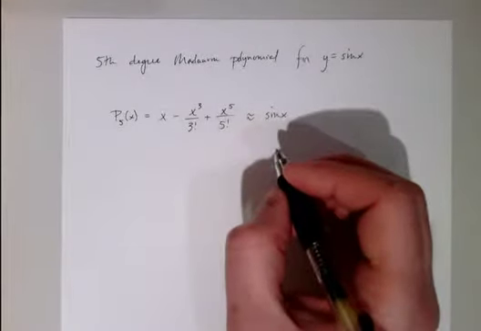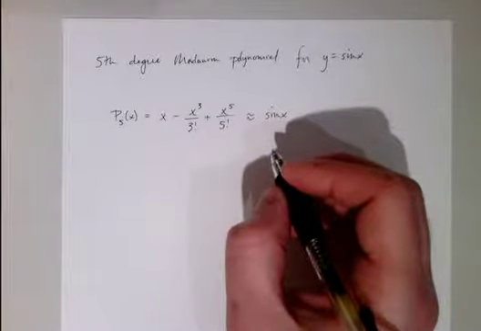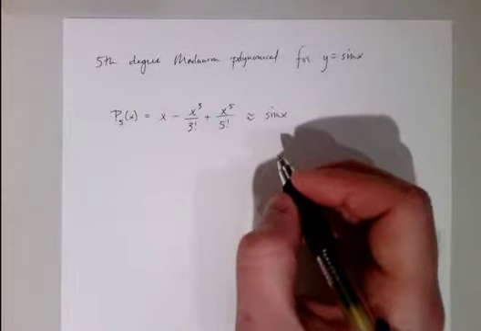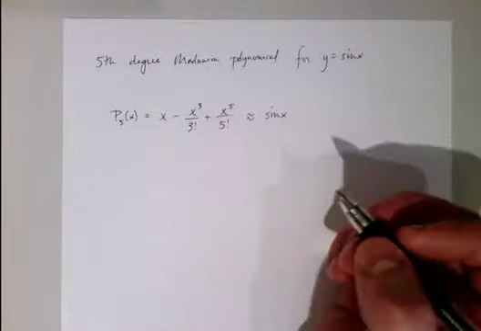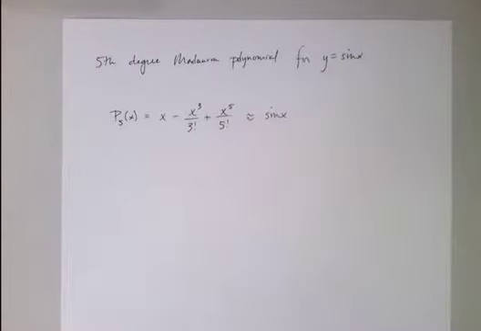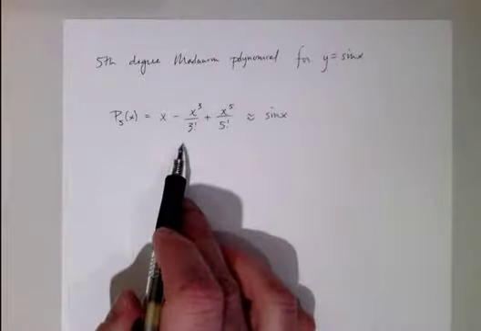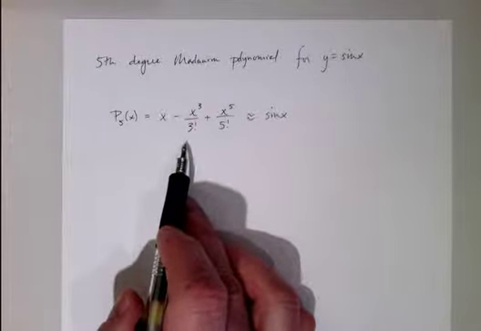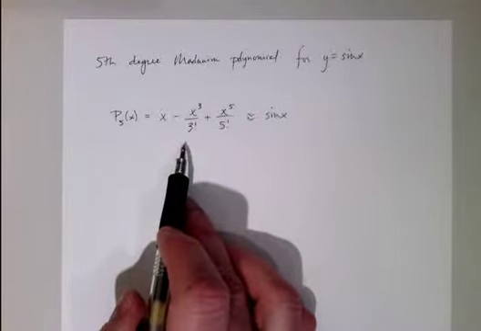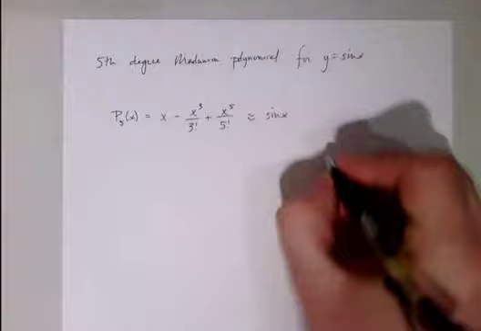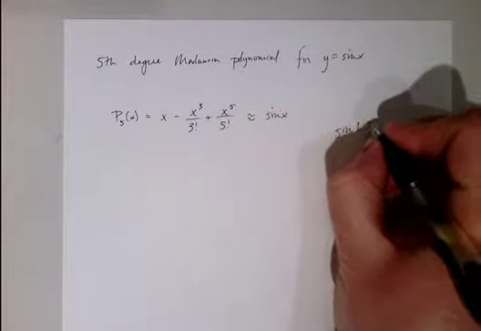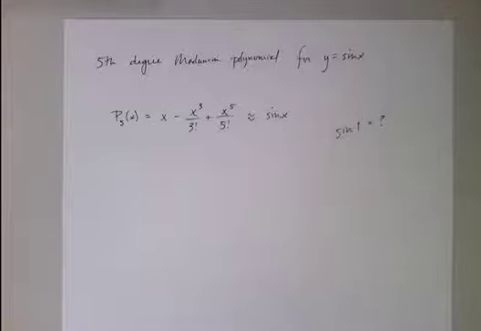If I ask you for an approximation of sine of 0.1, that's going to be a better approximation than sine of 0.2, because 0.1 is closer to the point of centering. Since this is an approximation and not actually convergent with the function at all points, it's going to be worse and worse the further you get away from the centering. I want to know, for our purposes right here, how well does it approximate sine of 1? And by 1, I mean not 1 degree, but 1 radian.